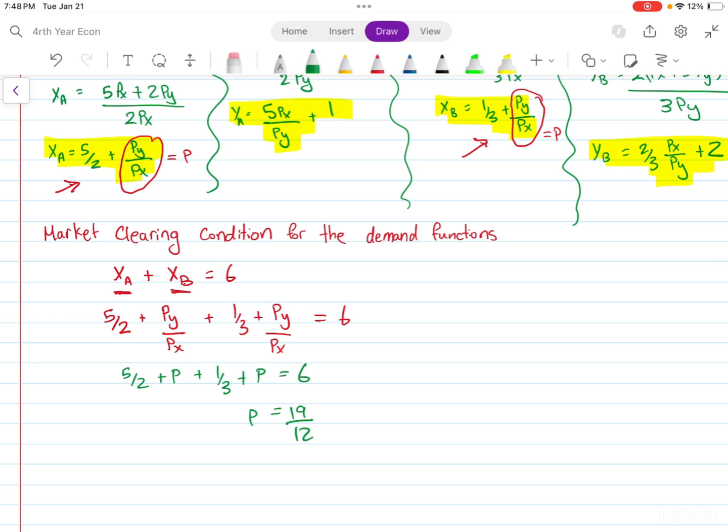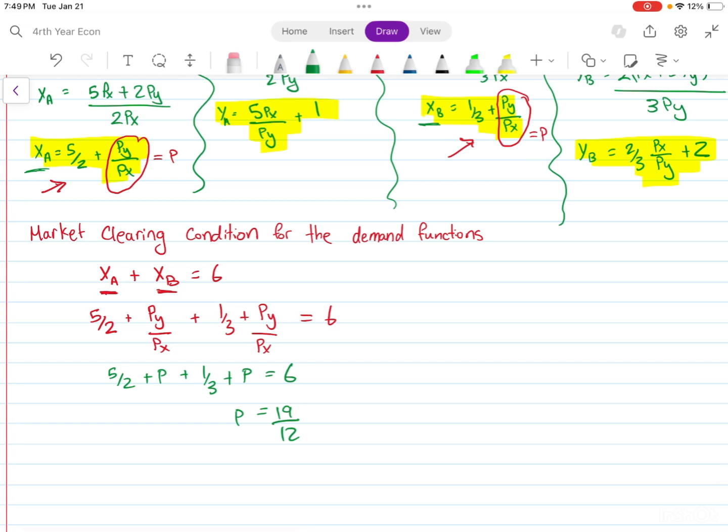Now we want to sub P into the XA and XB demand functions in order to see how many units of X Alex is willing to trade and how many units Billy is willing to trade.